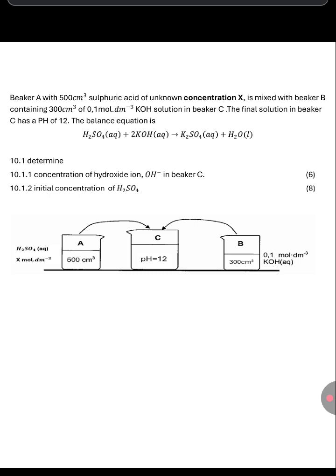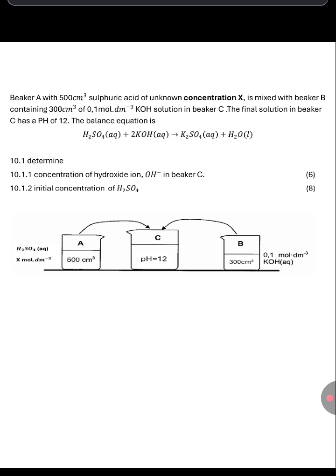From here we can conclude that the base is the one that was in excess because of the pH. Any pH that is greater than 7 is the pH of a base. So this pH comes from a base, and the base is the one that determined the pH, because we can see that the value is the pH of a base, not an acid.